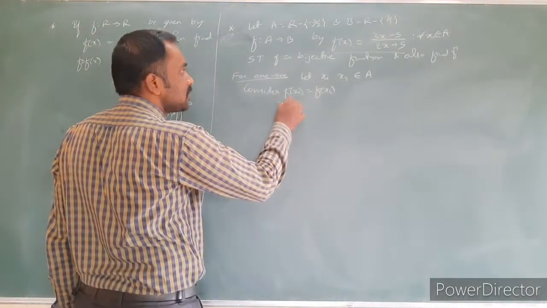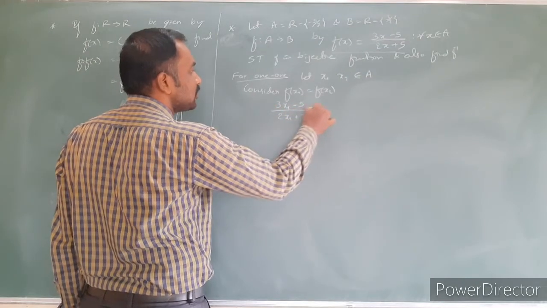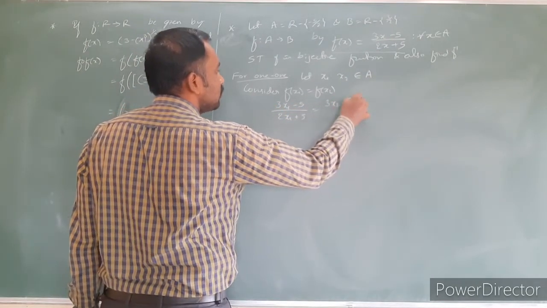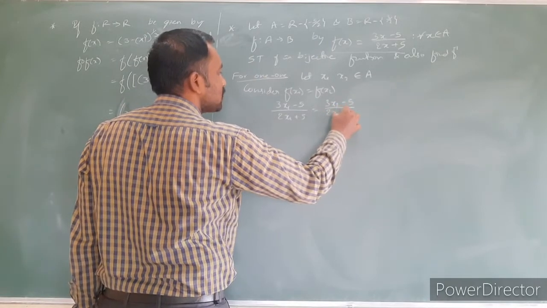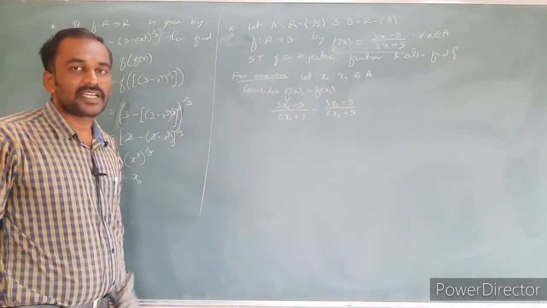What will we get? 3x1 minus 5 divided by 2x1 plus 5 is equal to 3x2 minus 5 divided by 2x2 plus 5.